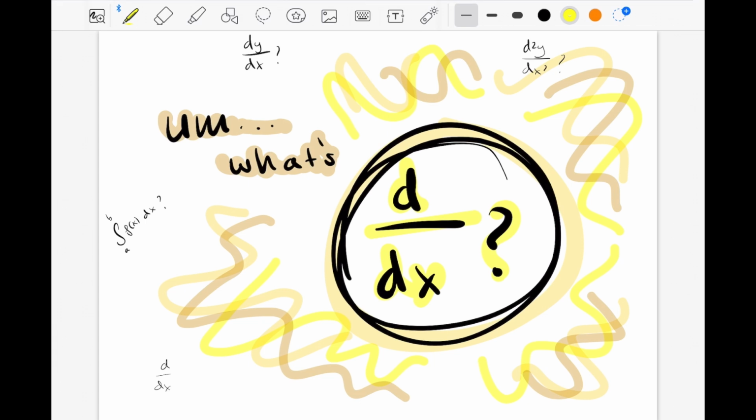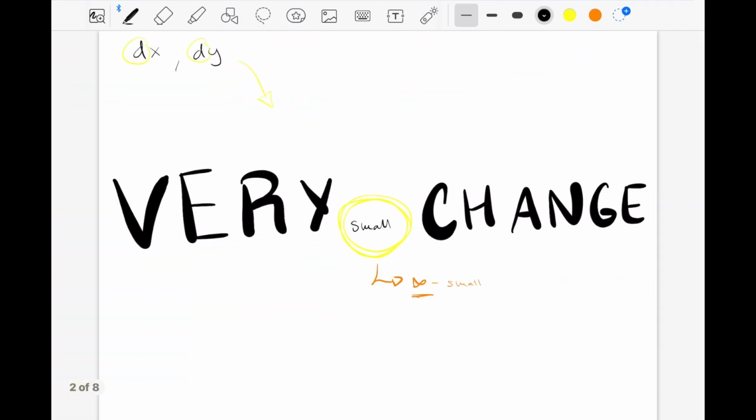And in order to help you, I'm going to explain to you what is d over dx, or just dx by itself. Well, to start off, basically, the d in front of the x or the y is representing a very small change. It's infinitely small. It's like an instantaneous change.